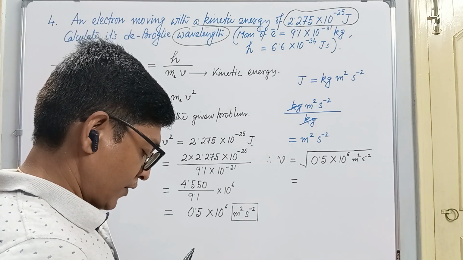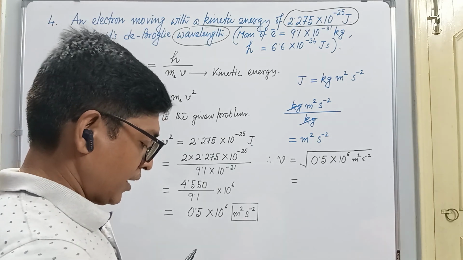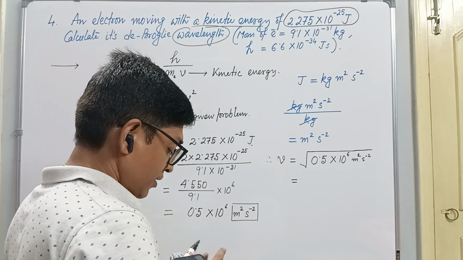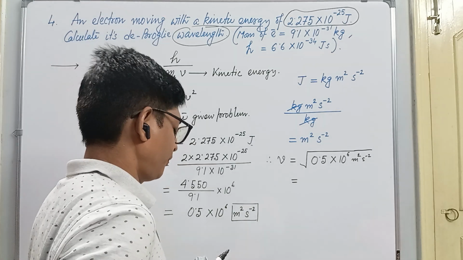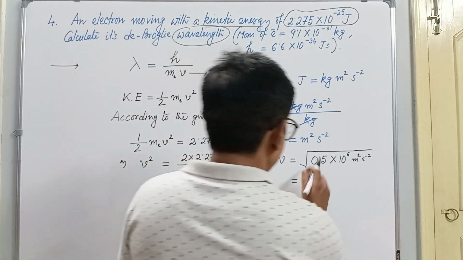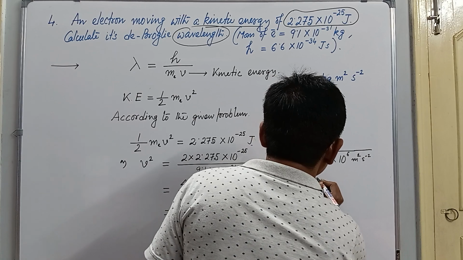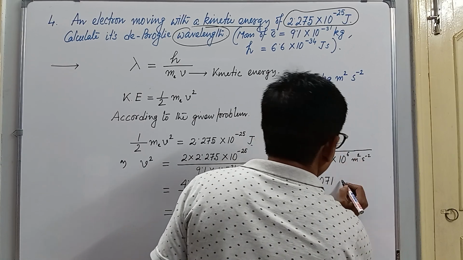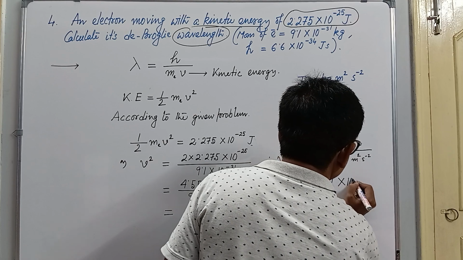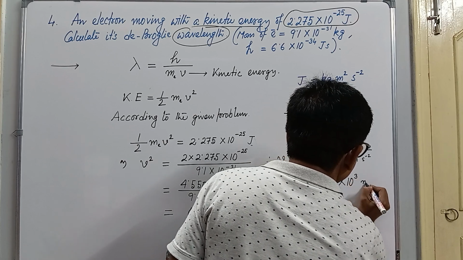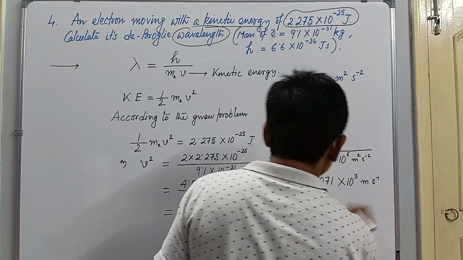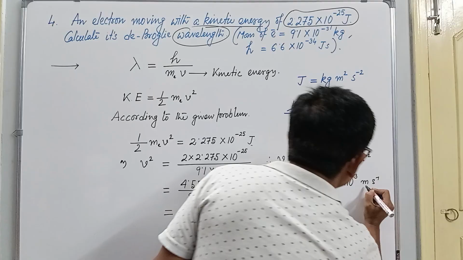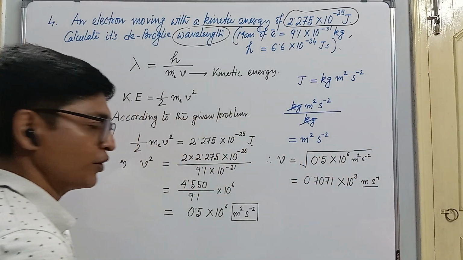So this is 0.5, it is 0.7071. Okay, so if I am taking the root over, then it will be 0.7071 into 10 to the power 3. Unit will be meter second inverse. So the velocity unit has come in meter second inverse, which looks pretty good.